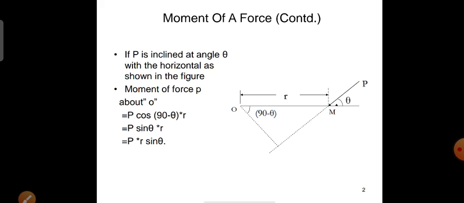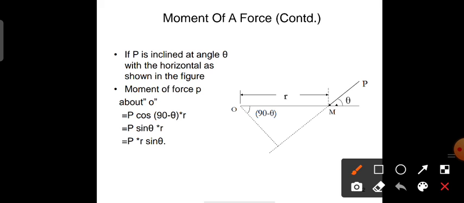Or you can find the moment of the force by resolving the force vertically also. Instead of calculating the perpendicular distance, if you resolve the force vertically, here the force P is acting at an angle theta.